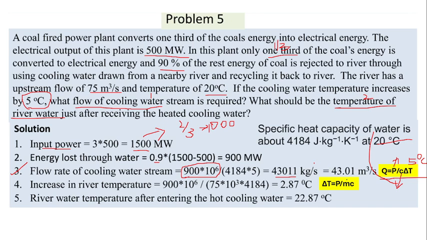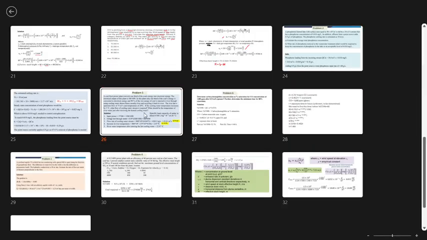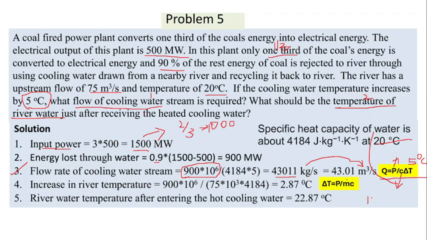So we are converting the kilogram to meter cube. You know 1 meter cube is equal to 10 power 3 liters, right?